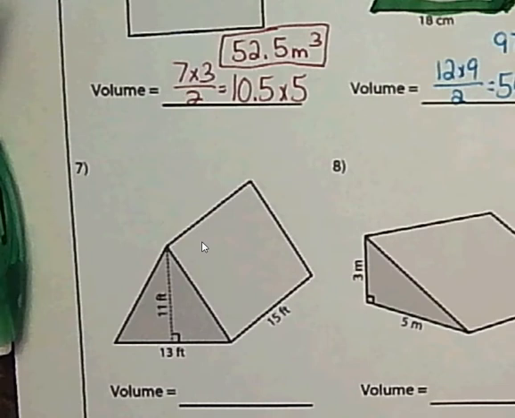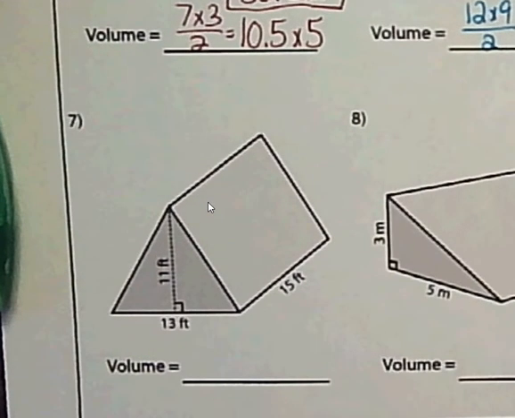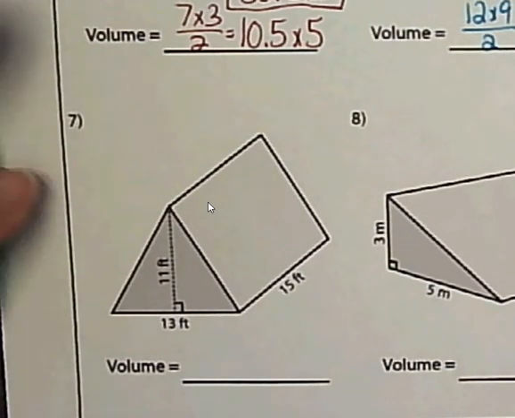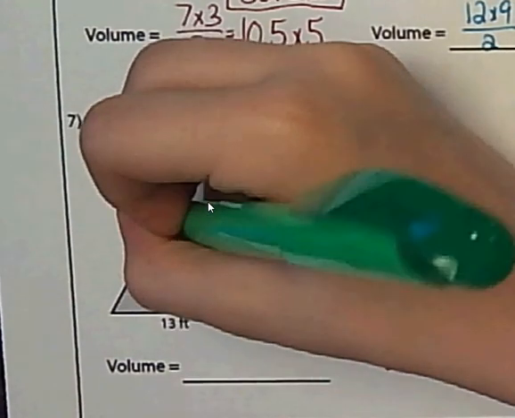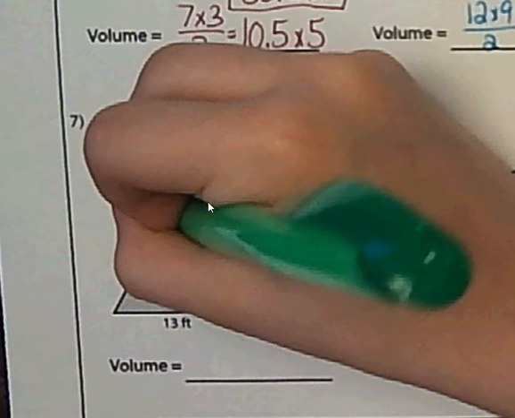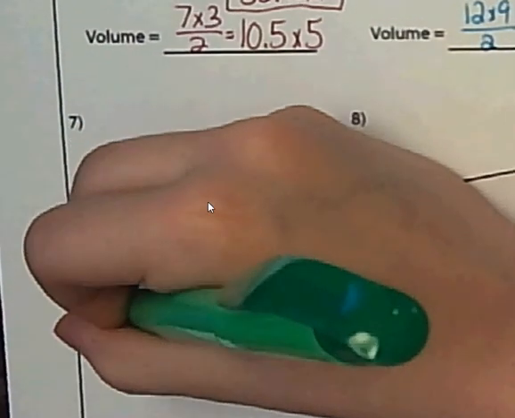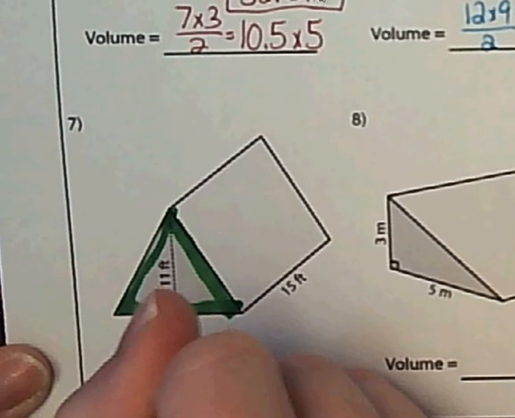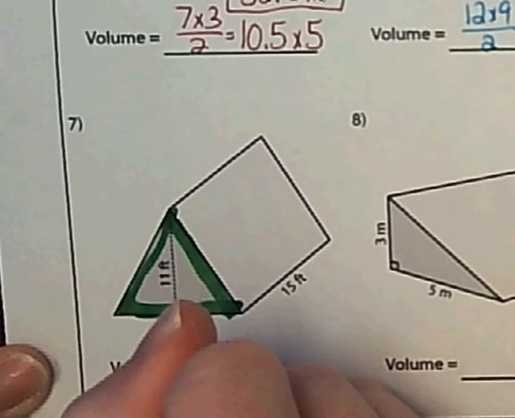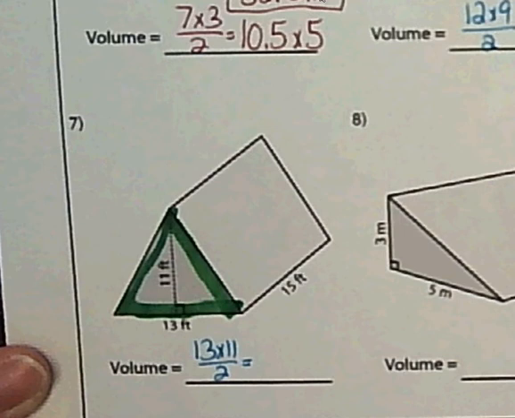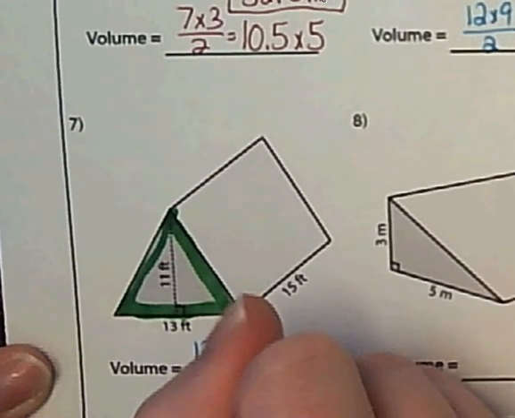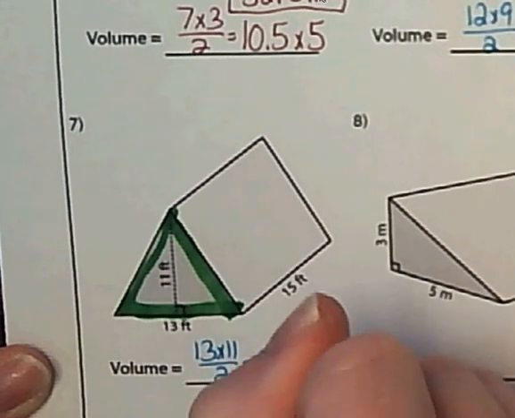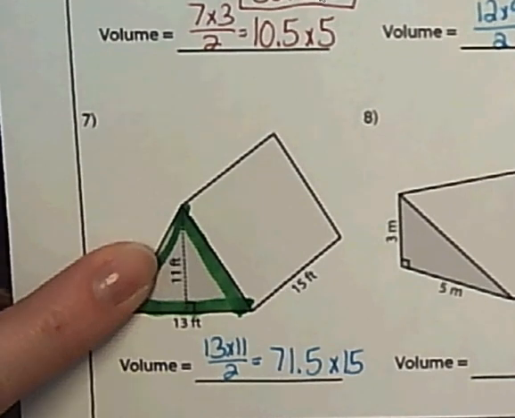We have 3 more. Let's take a look at number 7. A little bit larger numbers. Try finding the volume of number 7. Liana's going to highlight the triangle. Okay, good job. So we have here 13 times 11 divided by 2, and in that case would be 71.5. We multiply it by the height because we want to stand it up on that triangle.